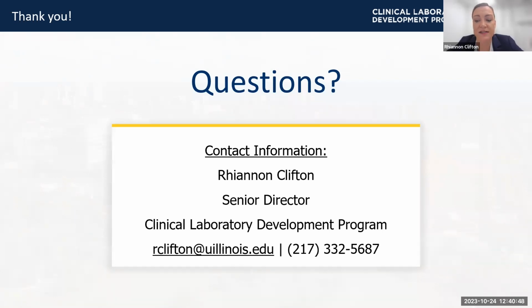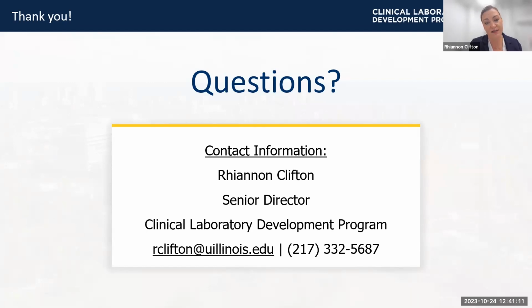Great question. Thank you. So the program is designed, we will train them on the bench in molecular, and we will also have didactic sessions in microbiology, blood banking, and histology. If they go to their partner lab and switch to one of those other areas or get bench training in that area, they would need to get to the 52 weeks required.